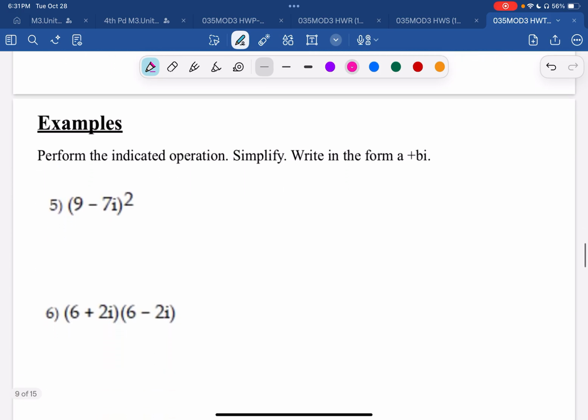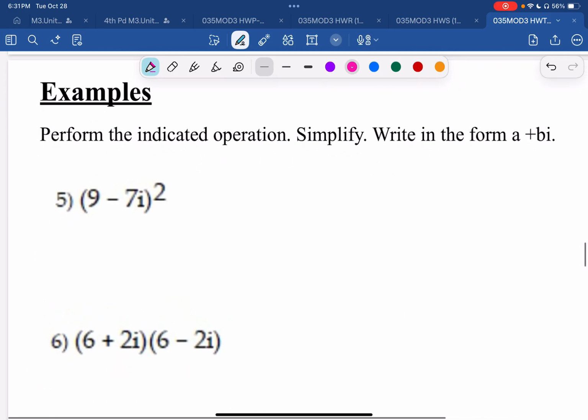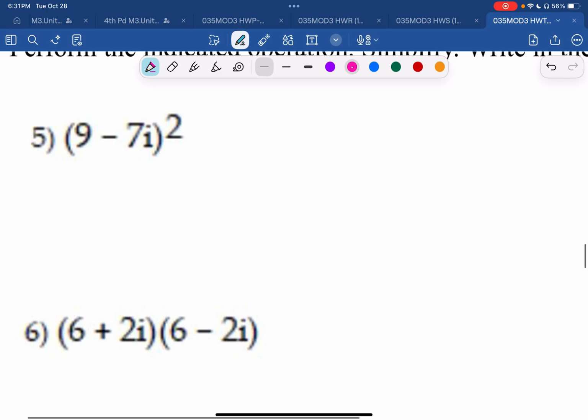So let's look at what happens. So we're going to simplify. We're going to multiply here. Remember, when we have something squared, we always want to write that 2 times. So the first thing we're going to do is start out by writing 9 minus 7i times 9 minus 7i. I'm going to multiply that through.